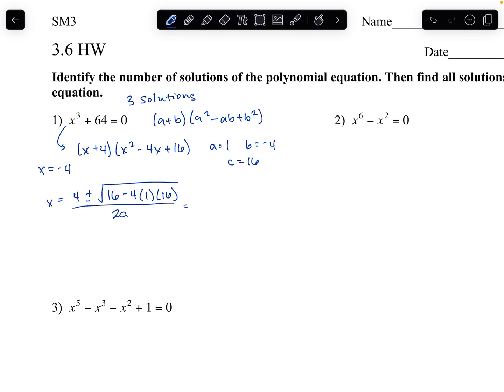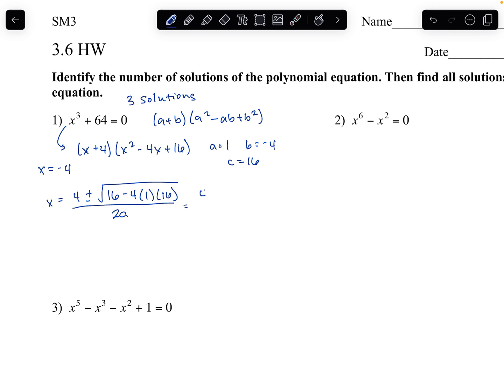So we're just going to go through, and now underneath here, we are going to simplify this part right here. So 16 minus 4 times 1 times 16. I'm going to multiply these 3 terms together first. So -4 times 1 is -4, and -4 times 16 is -64.